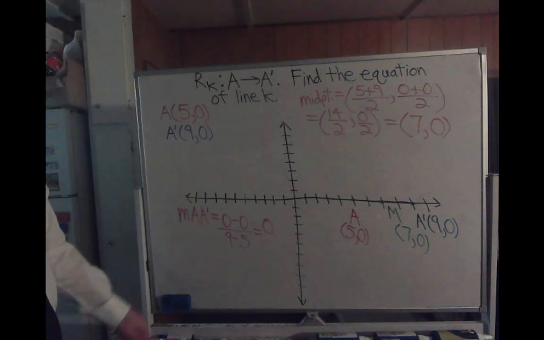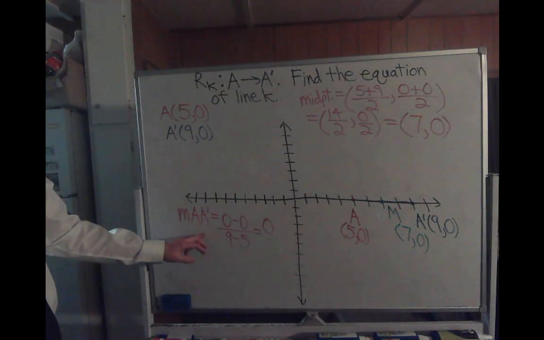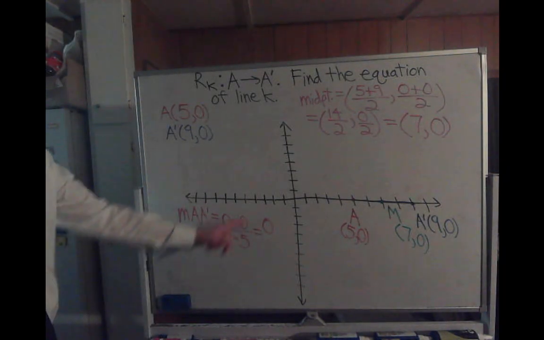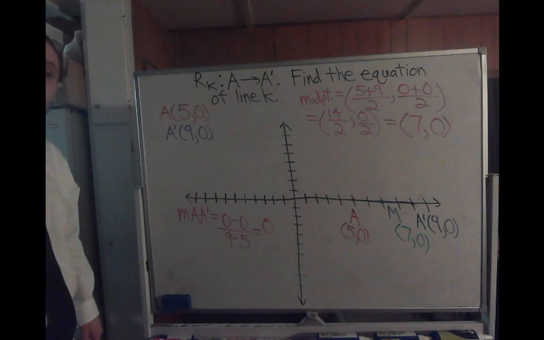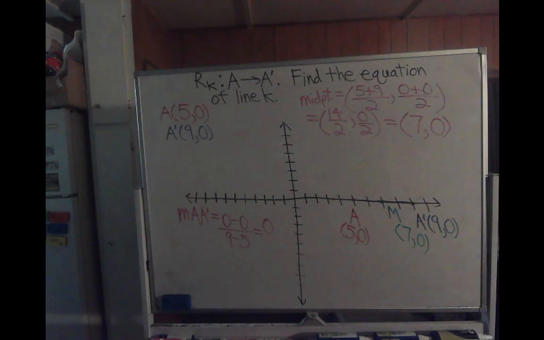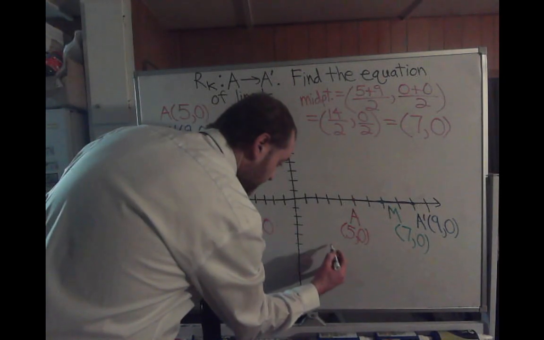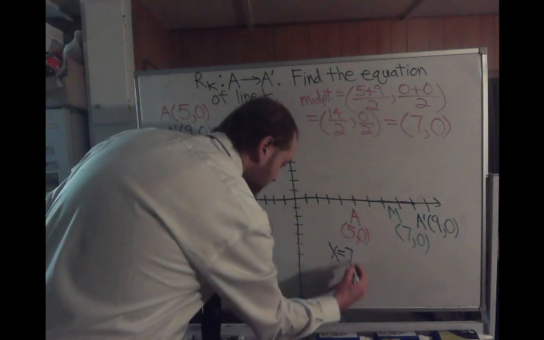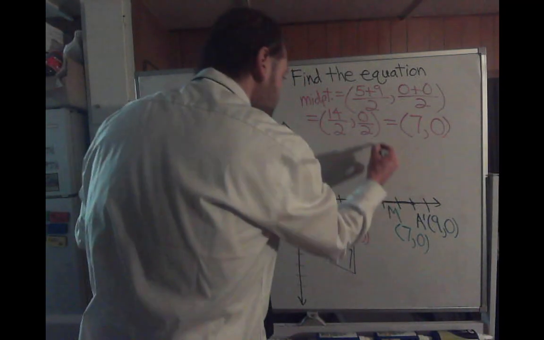If we were to have a perpendicular line to the slope of A A prime, it would have to be the negative reciprocal of 0, which would make this what? An undefined slope, which means that you're going to have the equation x equals, which would give you a vertical line. So if you have an undefined slope, the equation of the line would simply be x equals 7. Now, if you want, we can draw that line, x equals 7.